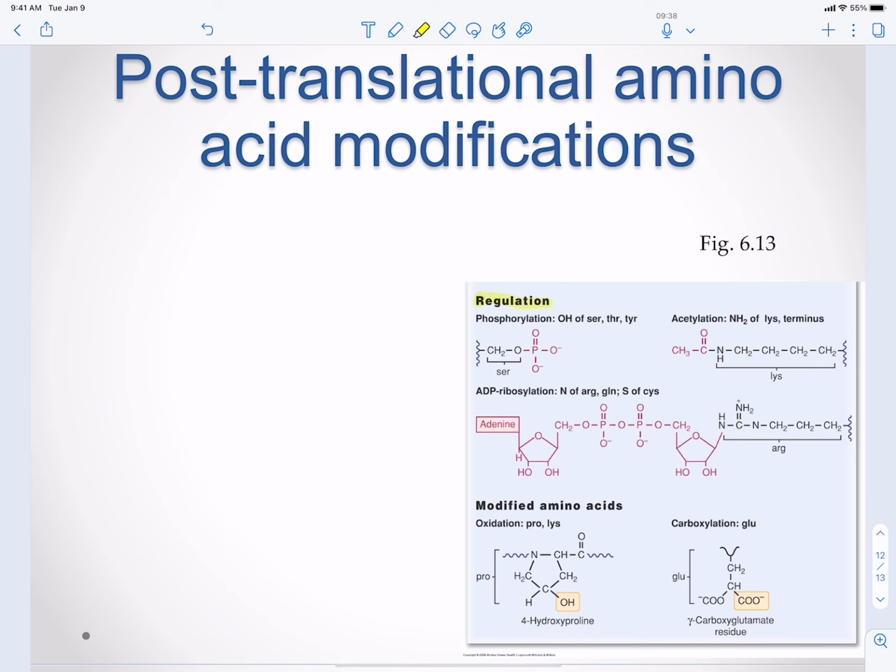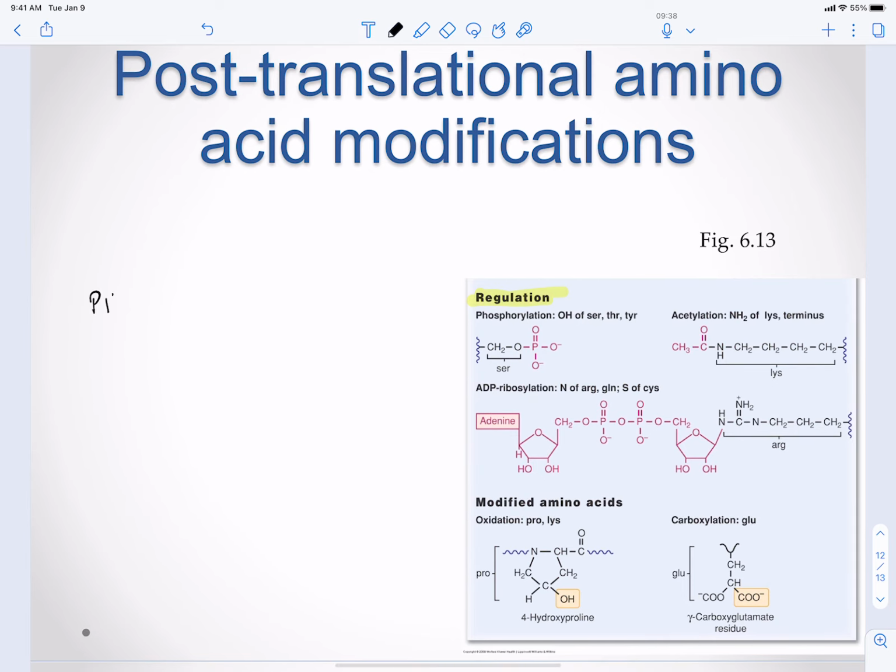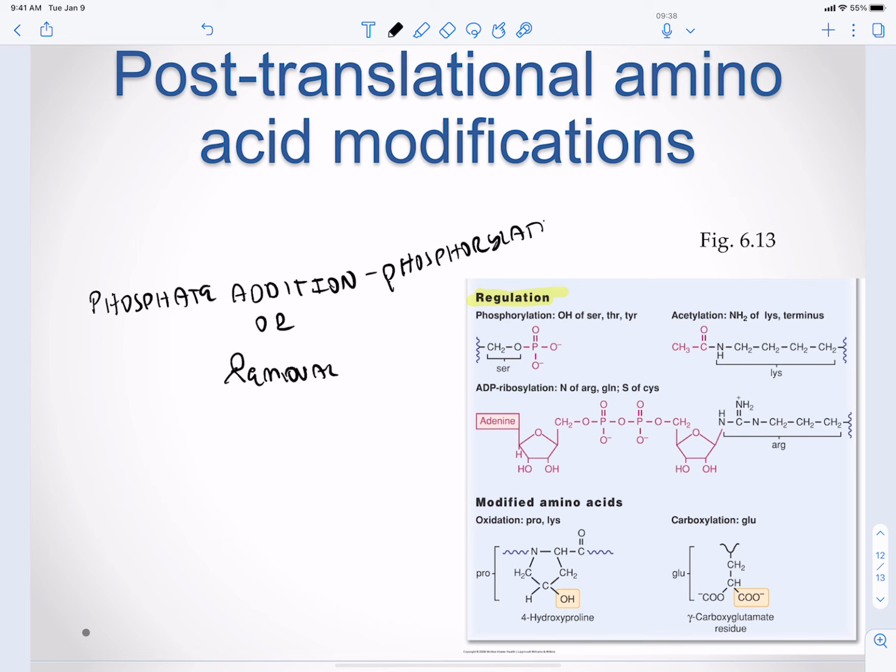Now, there are other modifications that are going to regulate. So we have some regulatory modifications, and so phosphate addition or removal. This is phosphorylation, and then this will be dephosphorylation.